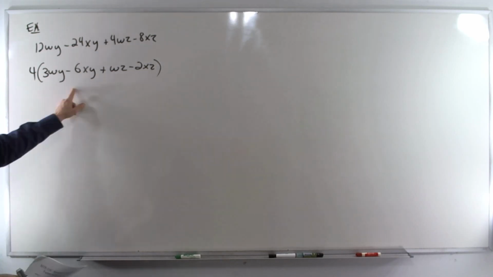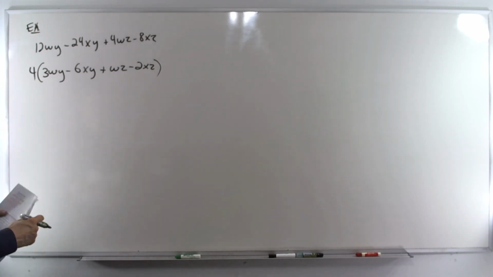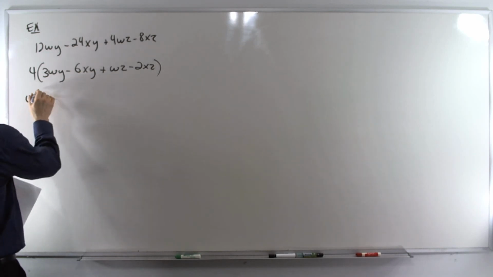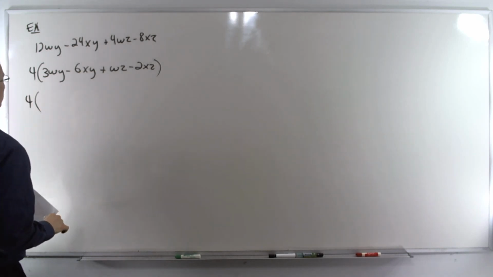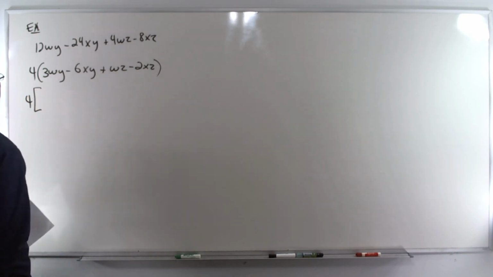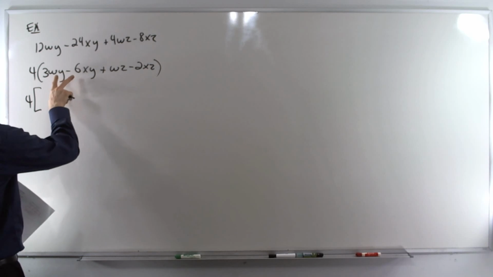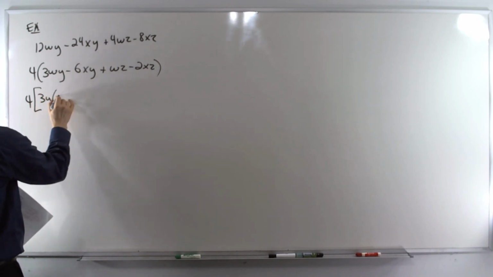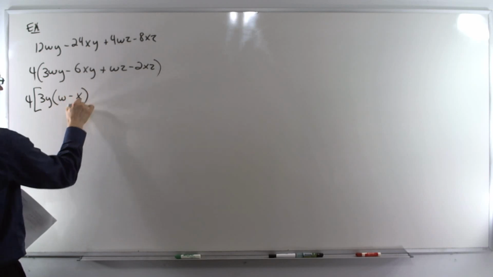And now we can factor inside the parentheses by grouping, just like we did before. Make sure you don't lose that 4. We've got to keep that. All right. Now I'm going to use brackets here to keep things straight. So out of this, we can factor out a 3y. And it gives us w minus 2x.